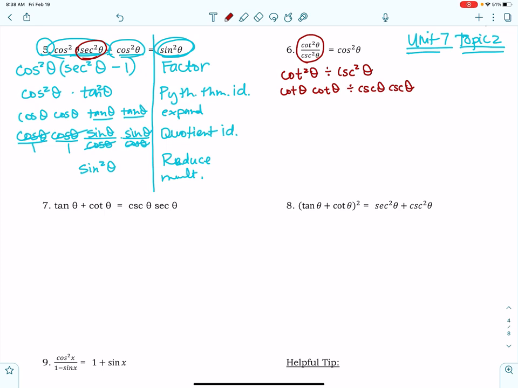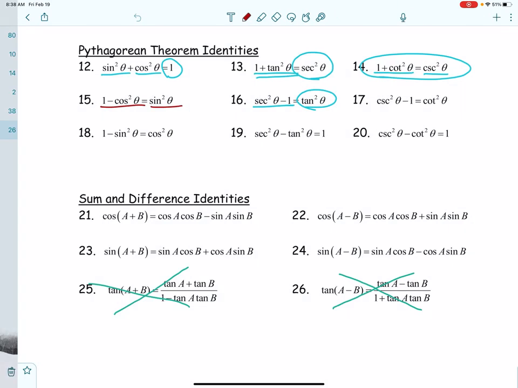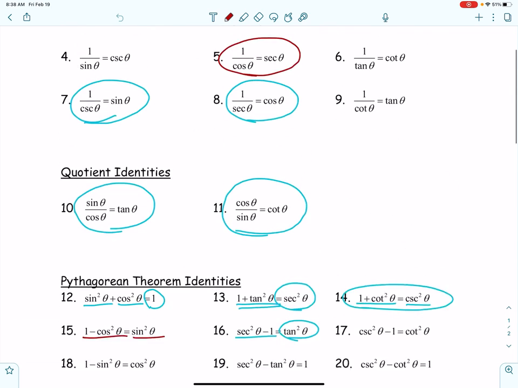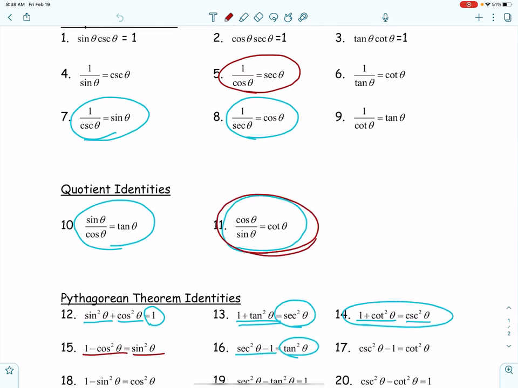Okay, so notice that my goal here is to make this look like this. I want it to read as cosine squared theta. So I need to get cosine into my problem. So I'm going to visit my identity sheet and see what can help me here. So the first thing you should recognize is that I can rewrite cotangent using my quotient identity as cosine over sine. So that's going to be really helpful.